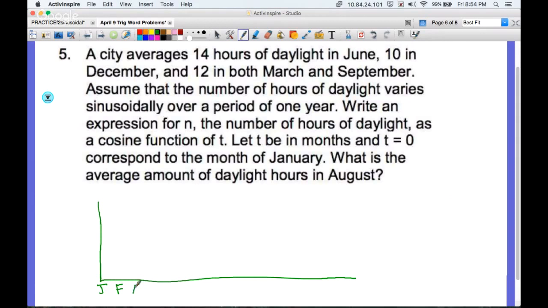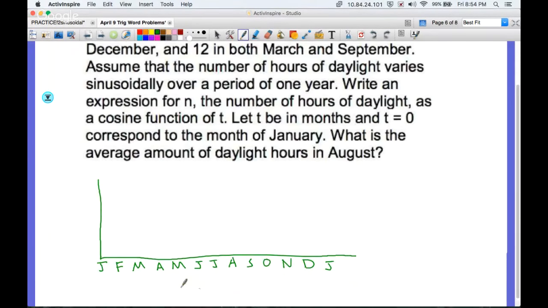January, February, March, April, May, June, July, August, September, October, November, December, January again. All right, below those I'll put a number: 0, 1, 2, 3, 4, 5, 6, 7, 8, 9, 10, 11, 12.